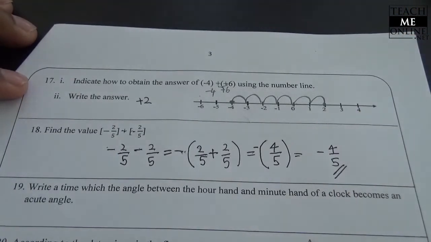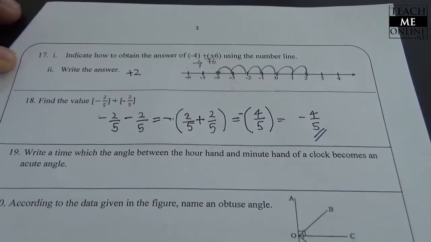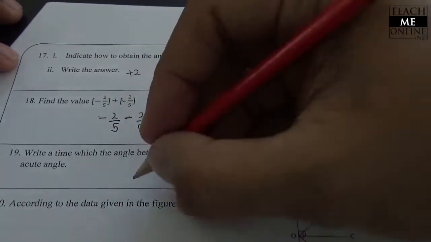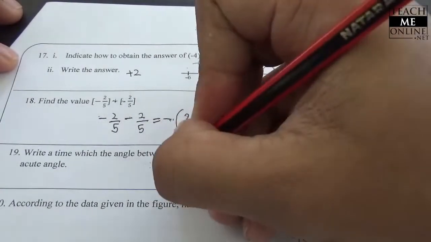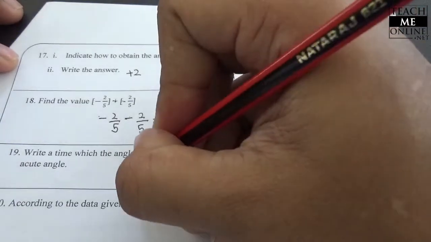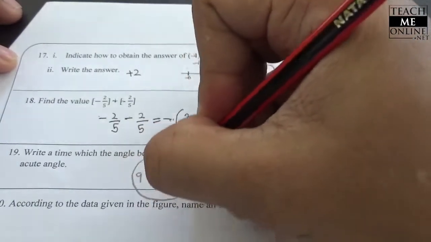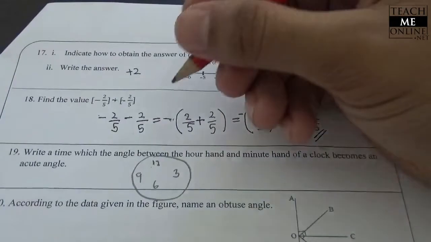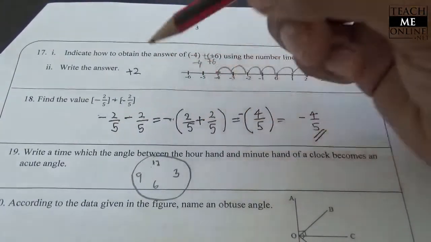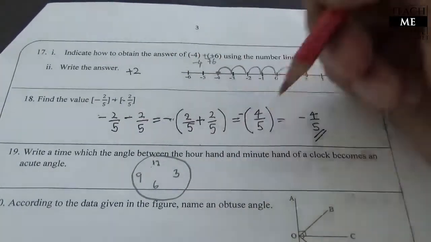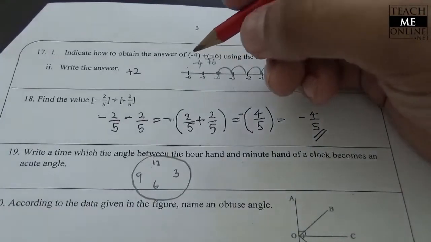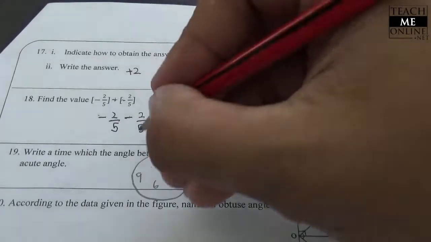Question number 19. Write a time at which the angle between the hour hand and the minute hand of the clock becomes an acute angle. So we draw a clock like this.